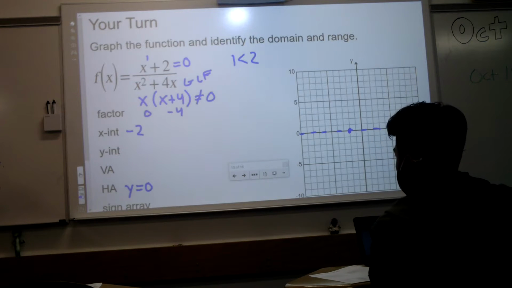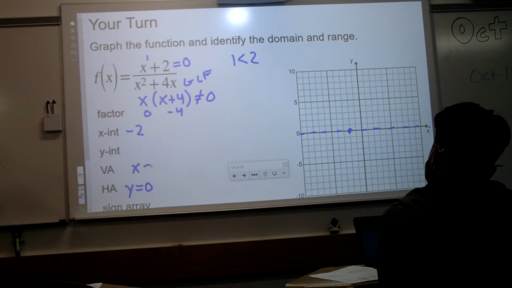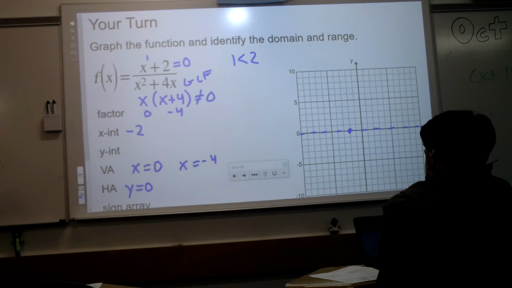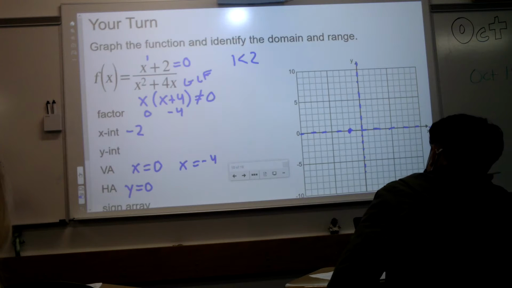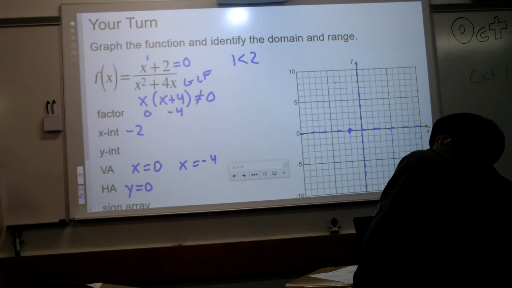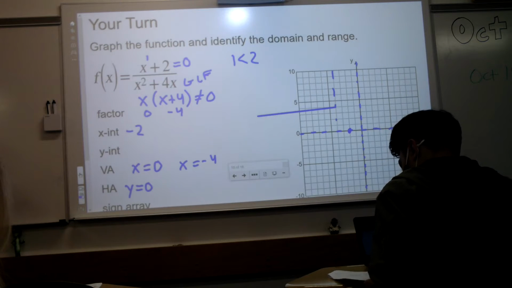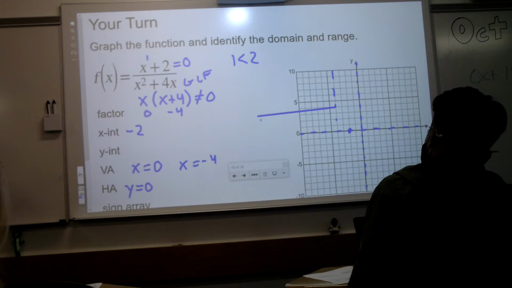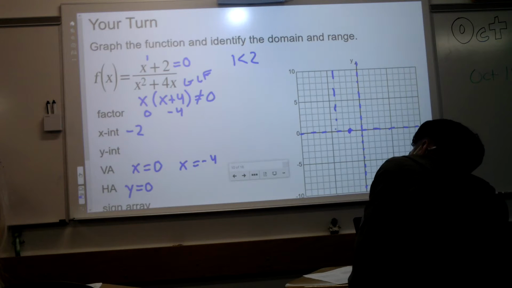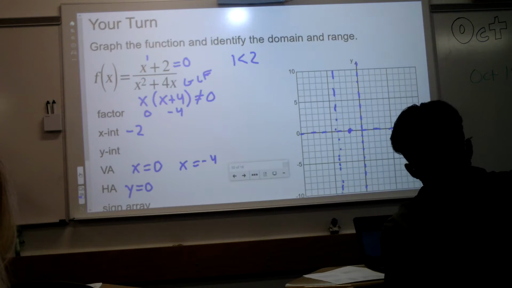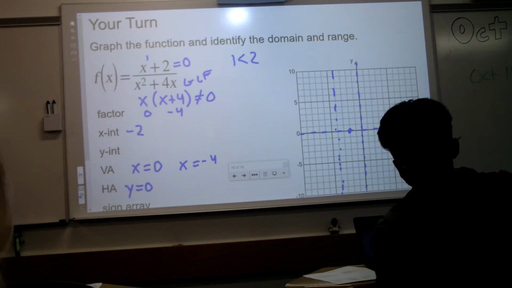And so that's going to become what? Your vertical asymptotes. Good job. So at x equals 0, and at -4, there's our vertical asymptotes.